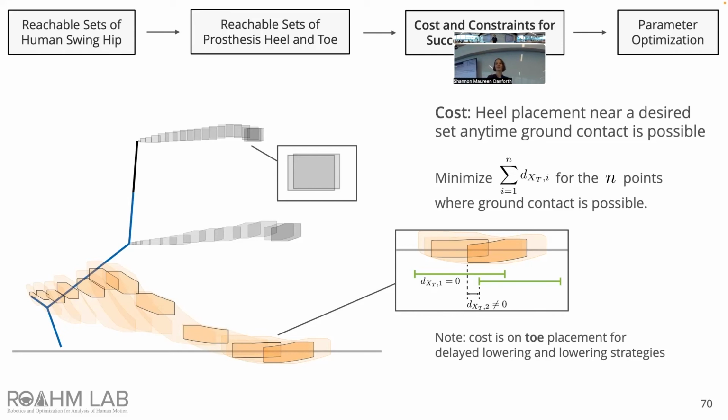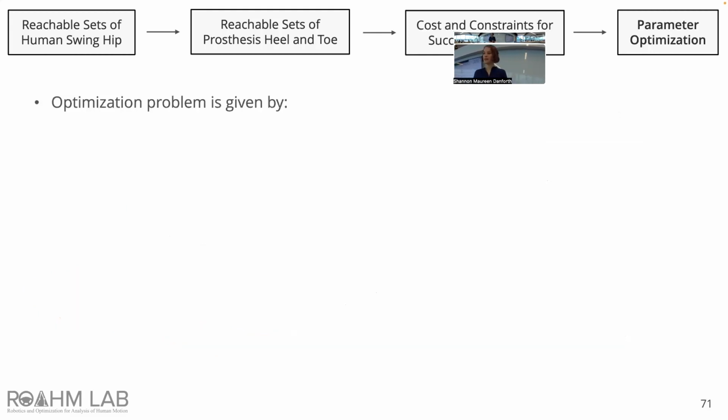Again, we swap the cost to be on toe placement for the other 2 strategies because the toe contacts the ground first in those cases. And we generate this costing constraint online. So now that we have everything else in our framework ready, we're ready to solve the optimization problem right after the trip.